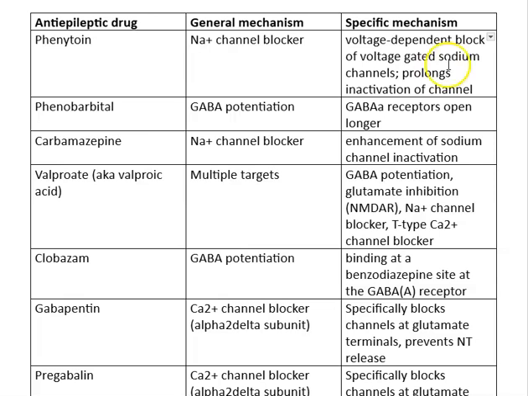So the actual mechanism of action wasn't known until much later. So it was made in the early 1900s, used for seizures starting around 1936, but the actual mechanism of action wasn't known until probably around 1986, 50 years later, because that's the first paper I can find that describes its mechanism of action.